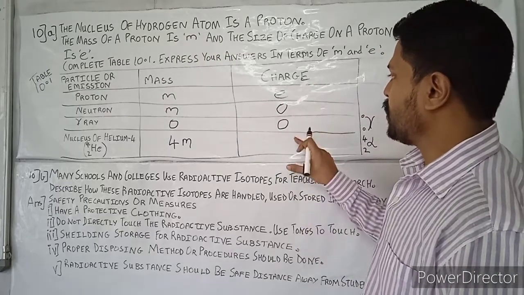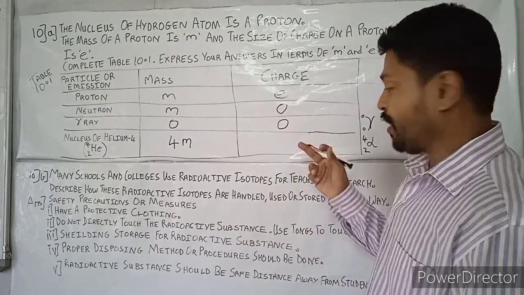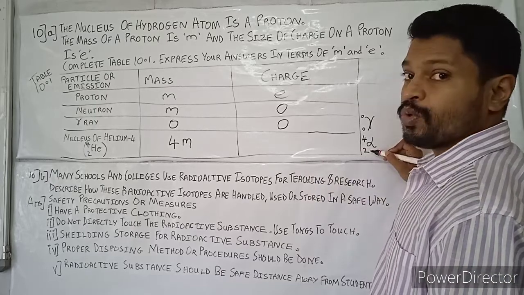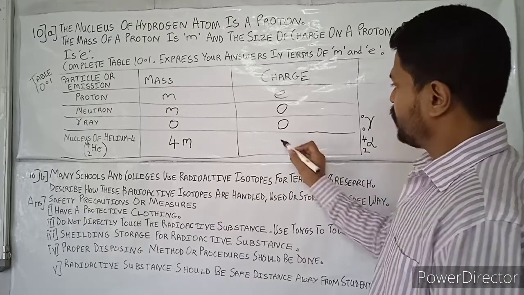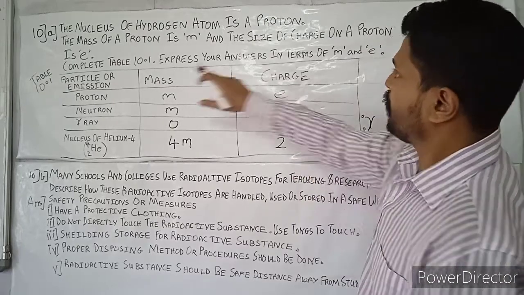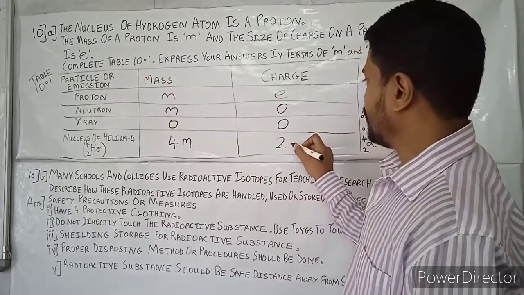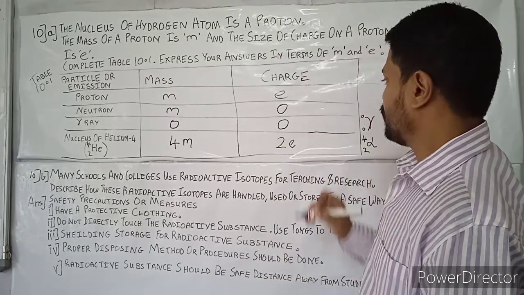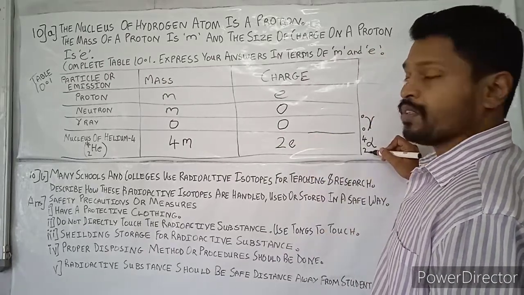Now the charge is not given, we have to find it out. 2 times what? 2 times e. How did we get this? This is the number of protons.